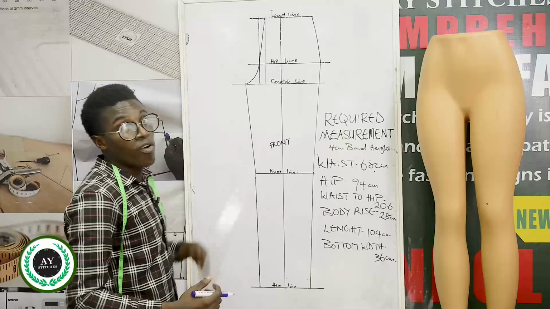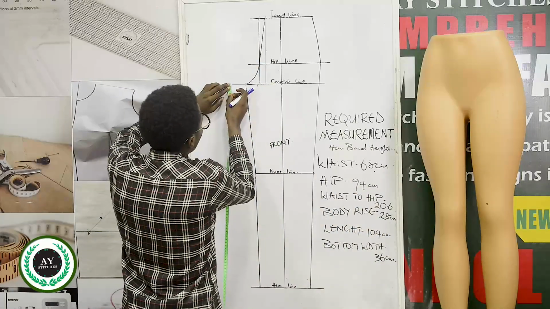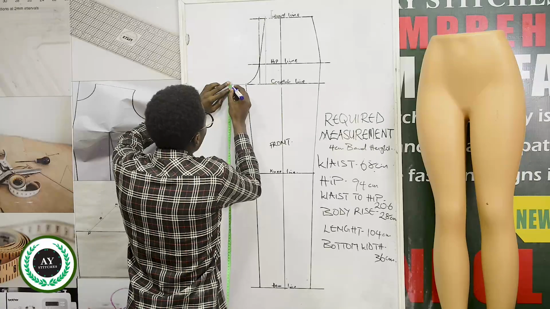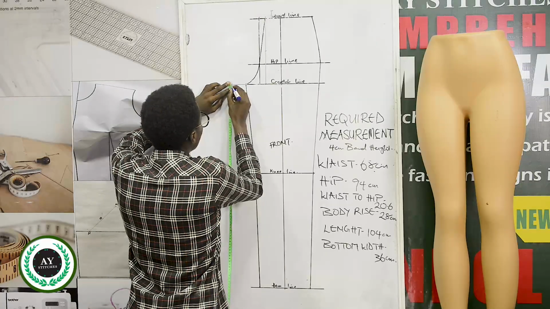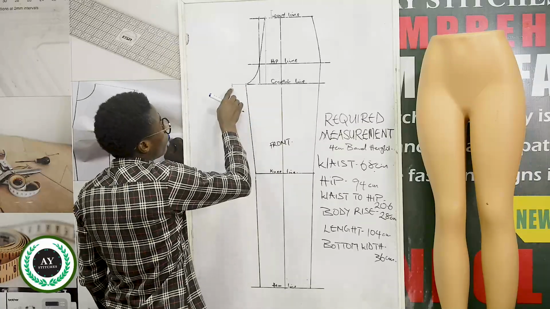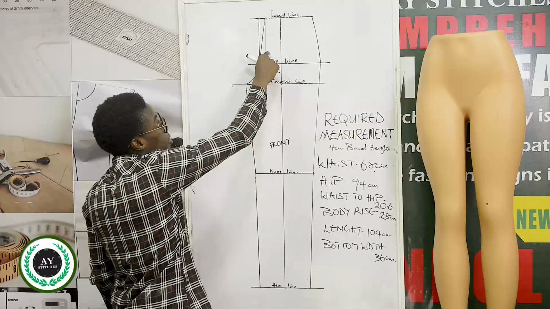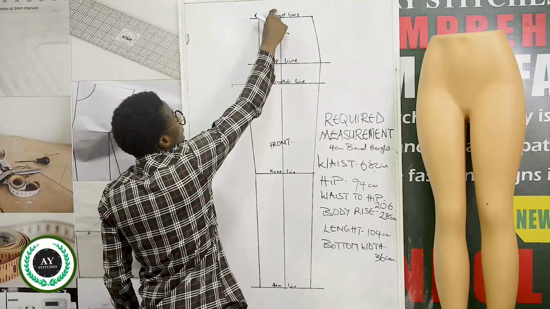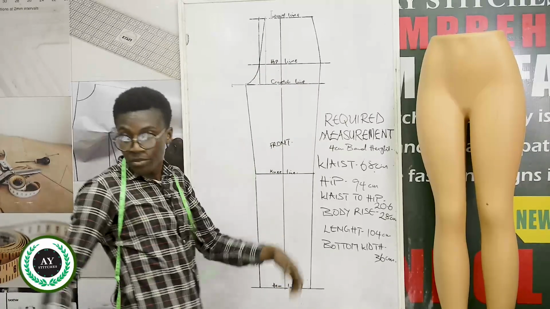So now that you have that 4.8, what you're going to be doing now is to bring down 0.5 centimeter from that point. Then we're going to be connecting from this 0.5 centimeter back to this midpoint here, then back towards the 2 centimeter above the waistline.